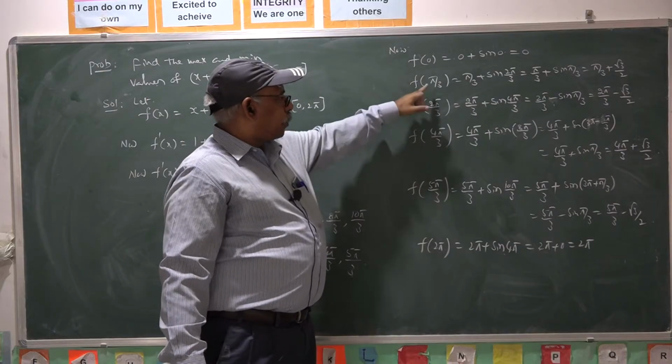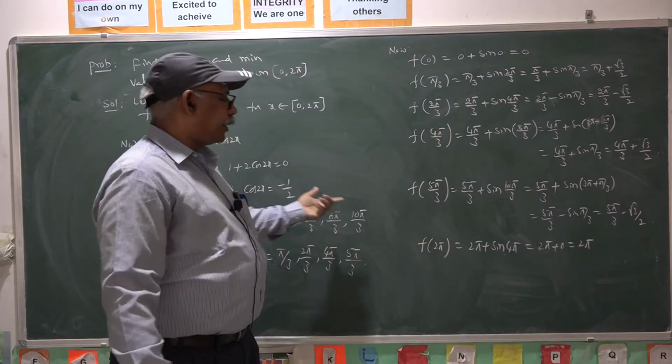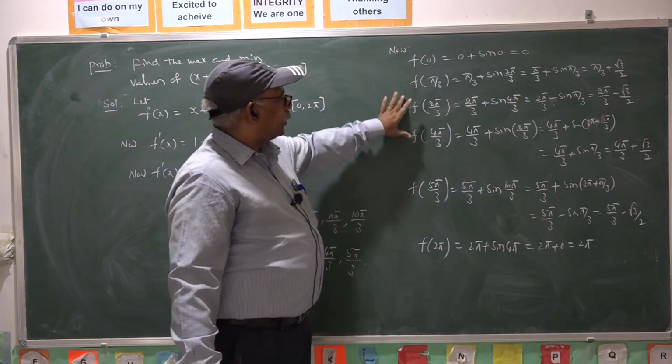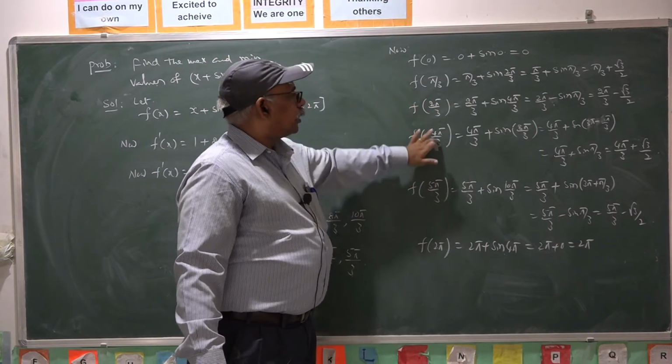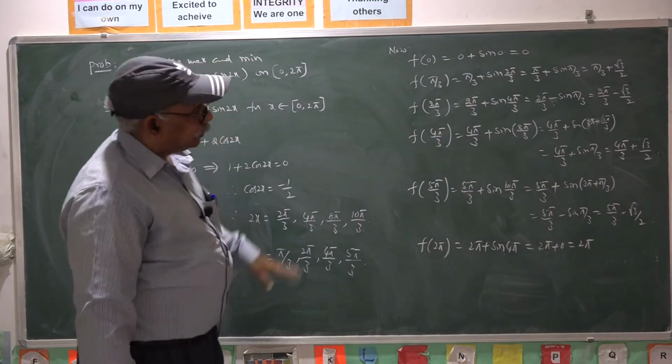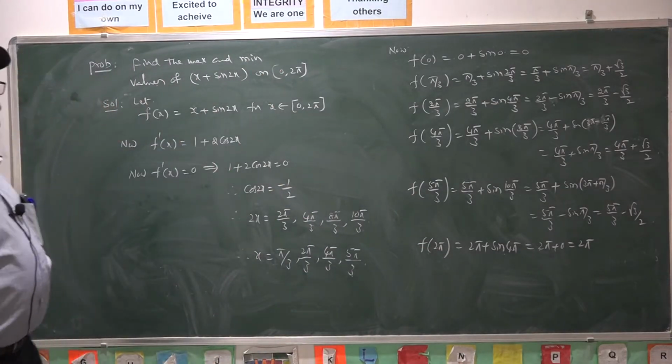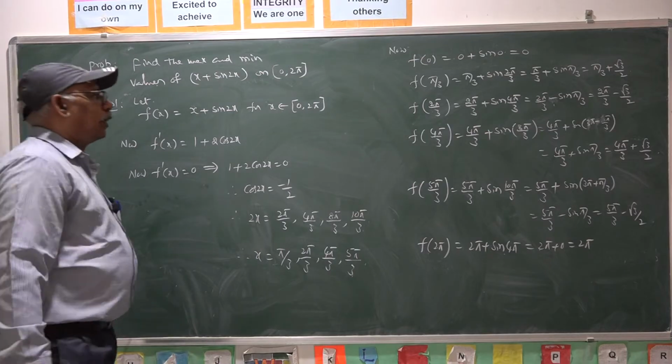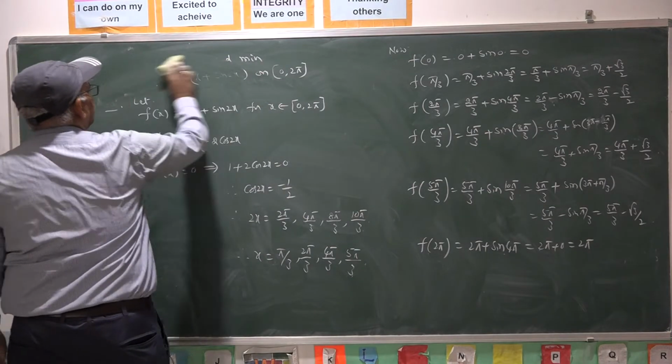These are all the points obtained where the first derivative is 0. These are all the critical points. These two are the ends of the interval. At these points, the functional values are given. Out of these, we take the maximum and minimum.